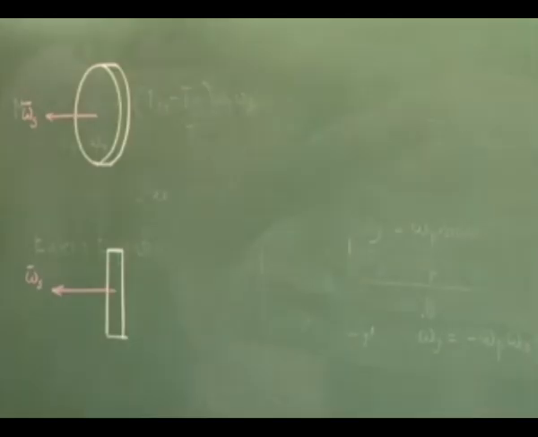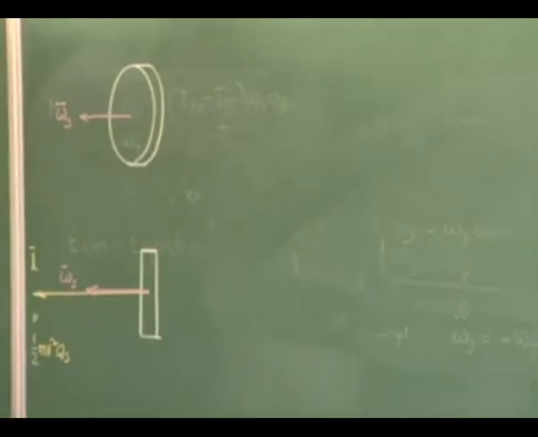When this is a large spin, we can also say that this happens to be the angular momentum vector also, which is equal to the moment of inertia in this direction, that is half mr square into omega s. That is the angular momentum vector of this.